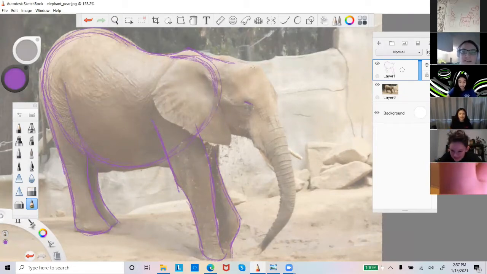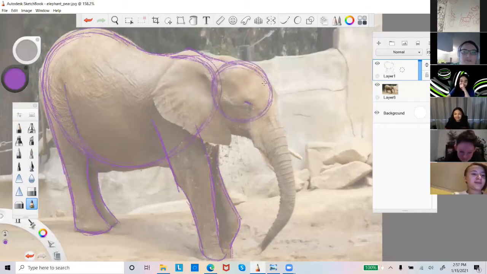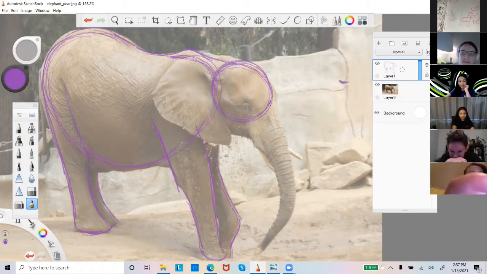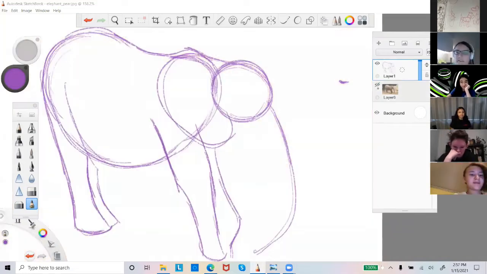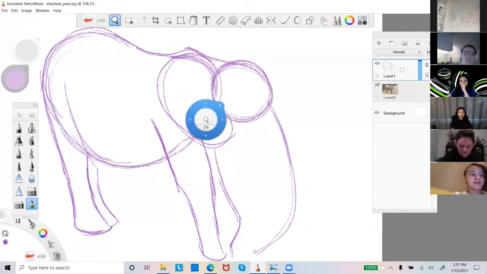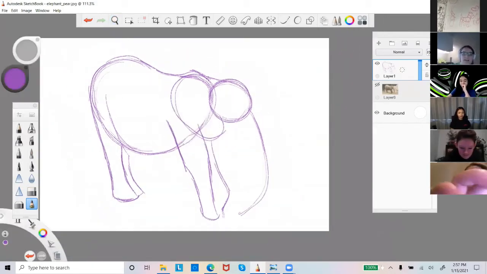For the head, if I was going to simplify this head, I just look for where I can put in circles, because most animals have a skull, which can be simplified to look like a circle. And then I know that the trunk is going to come down this way and the ears are going to come this way. Right. So there's no detail on this whatsoever, but you can still kind of tell based on the shapes.